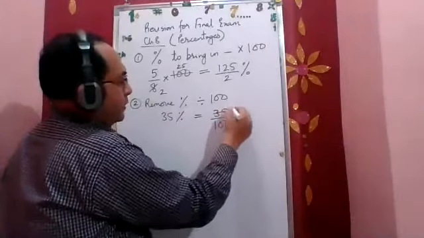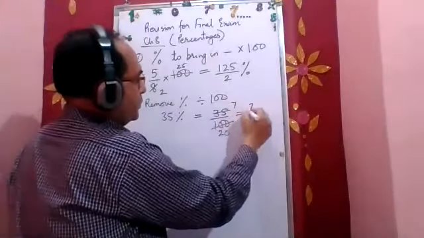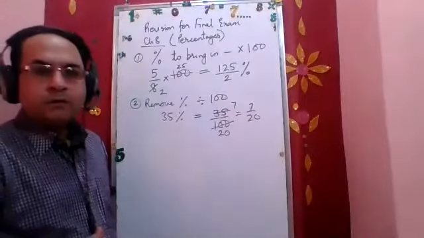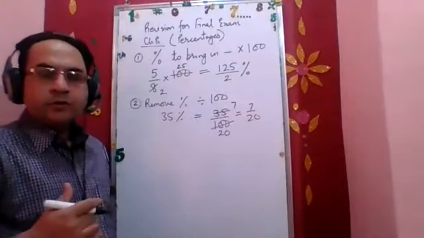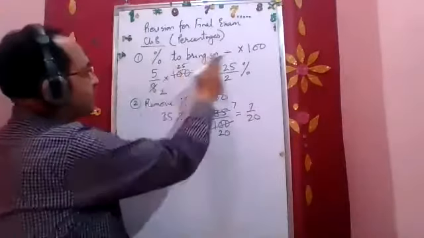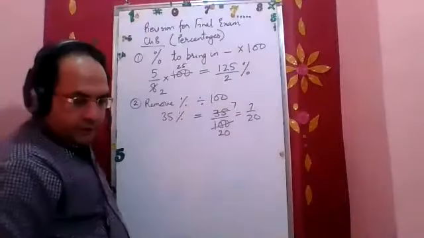And 35 upon 100 simplifies to 7 upon 20. So 35% is converted into the fraction 7 upon 20. This way, in order to bring in the percent sign, multiply by 100. In order to remove the percent sign, divide by 100.